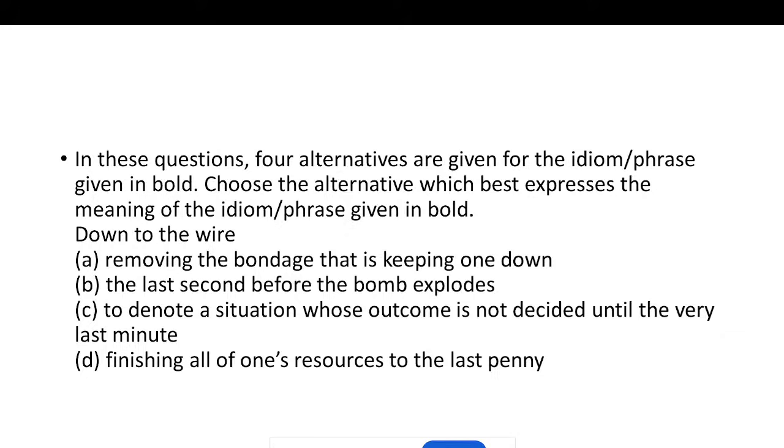For example, in the final position, the decision was taken down to the wire.